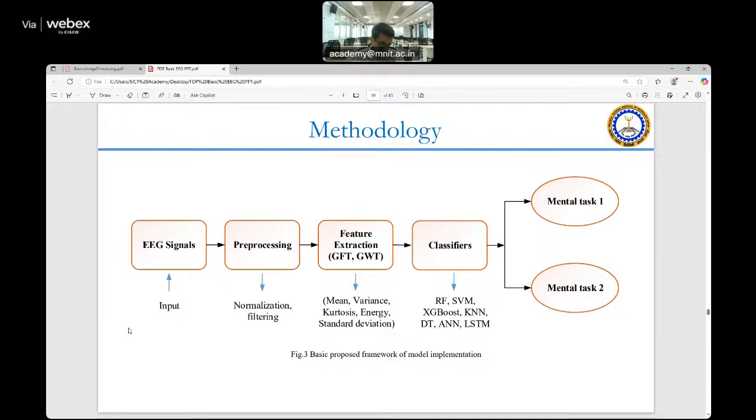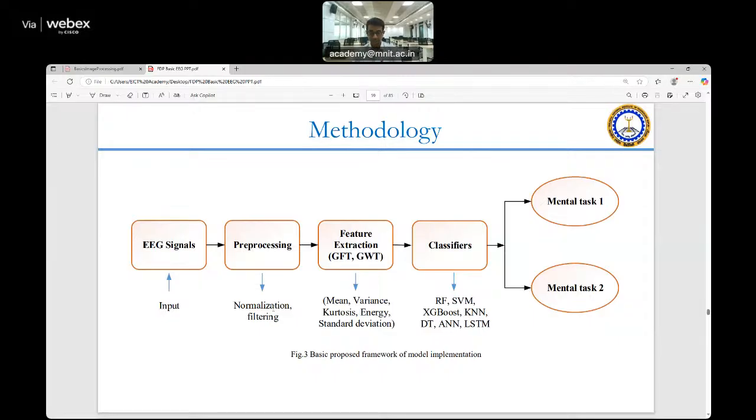So in the methodology, the EEG signal is given as the input. In pre-processing, we remove the artifacts, and do the normalization and the filtering. In the feature extraction, after calculating the GFT and the GWT, you calculate the mean, variance, kurtosis, energy and standard deviation, and after calculating each value, you can make them into a vector.